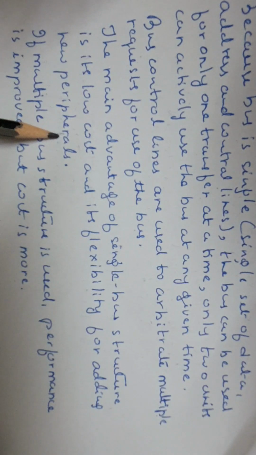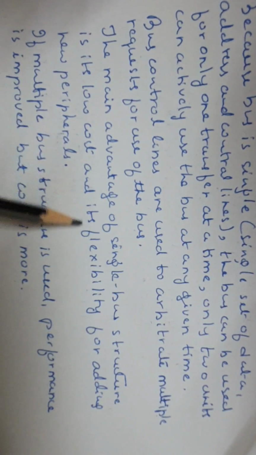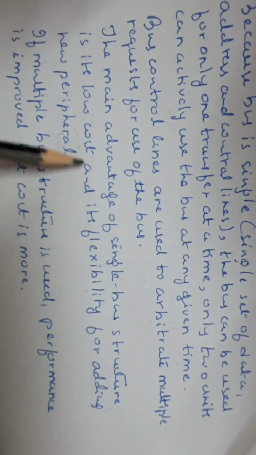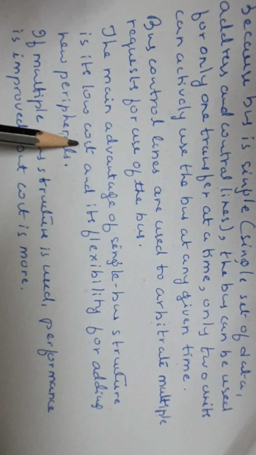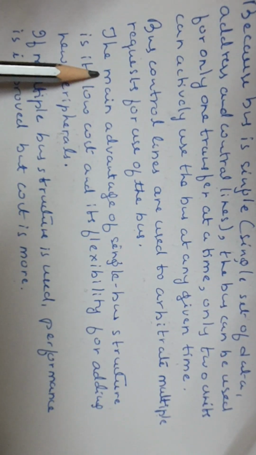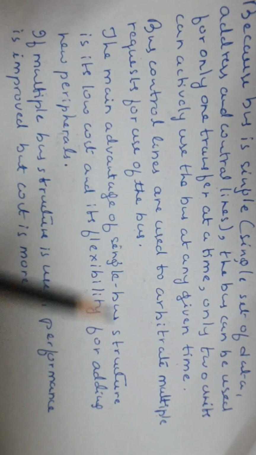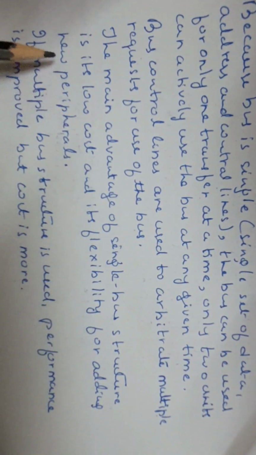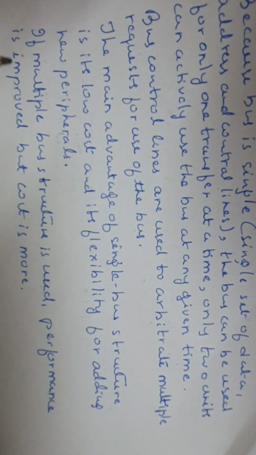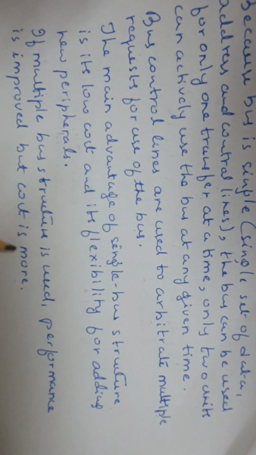If any new peripheral has to be added, then it is very flexible because there is only a single bus and its cost is also low. What is the advantage? The main advantage of single bus structure is its low cost and its flexibility for adding new peripherals. If multiple bus structure is used, performance is improved but cost is more.